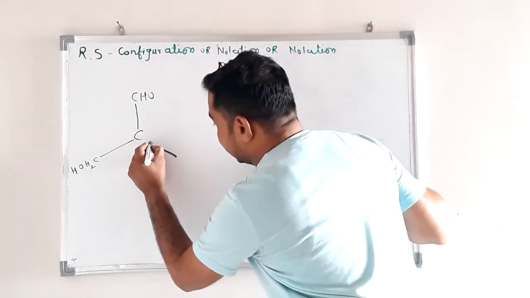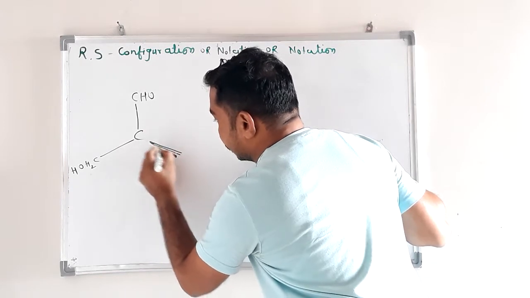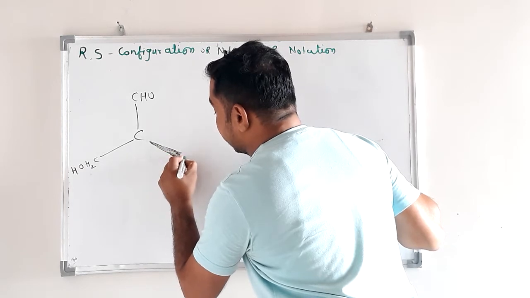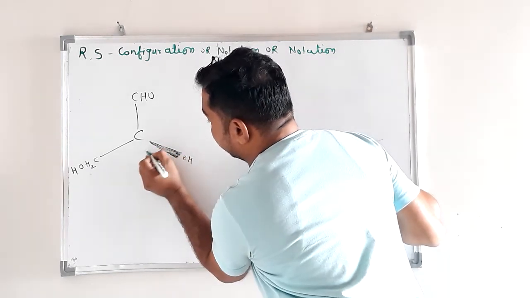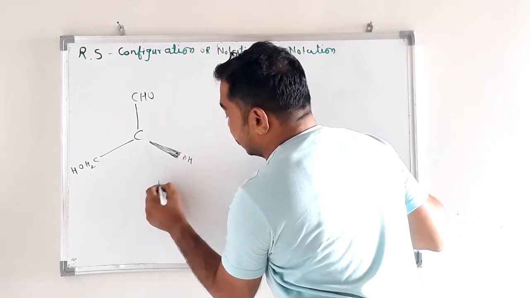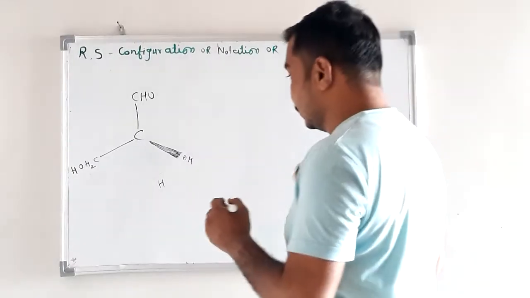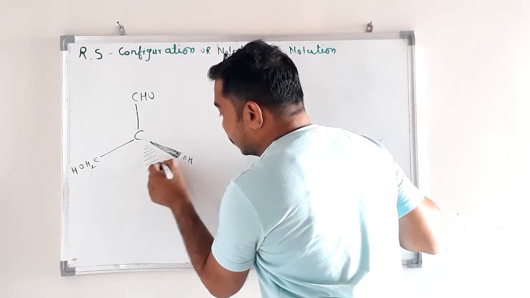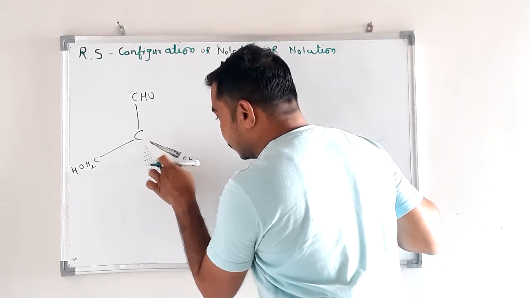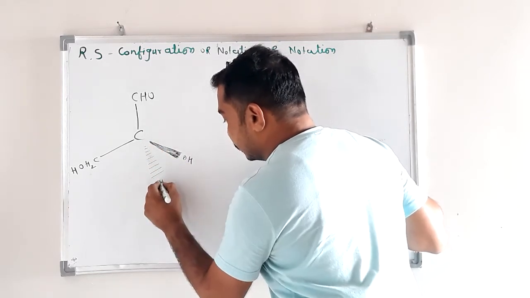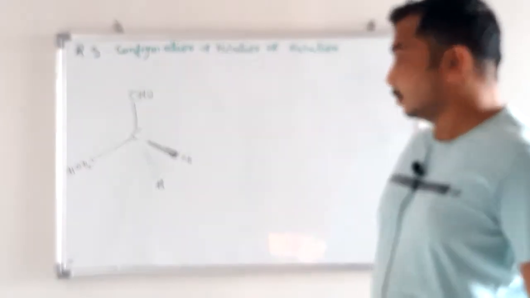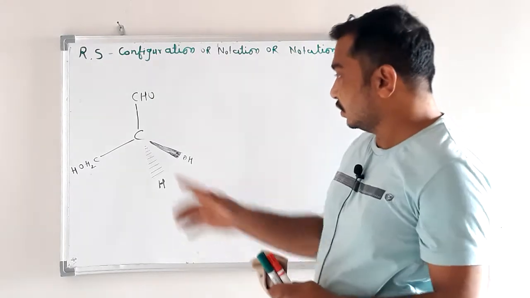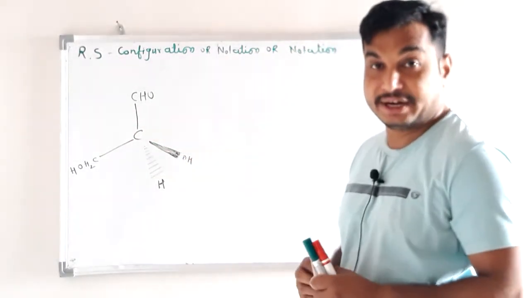First, the tetrahedral structure of glyceraldehyde. I have already explained the meaning of this structure. What is the bond angle? Tetrahedral bond angle, 109 degrees 28 minutes.